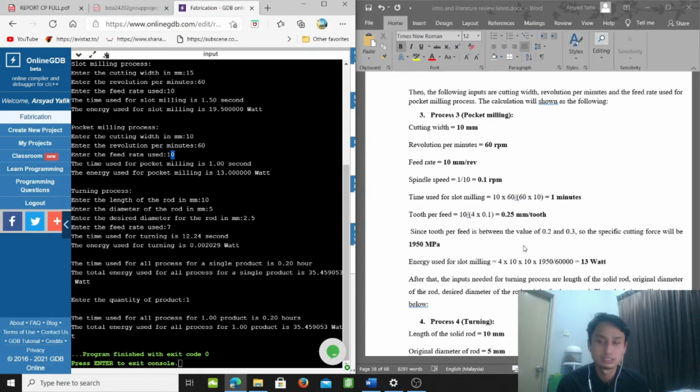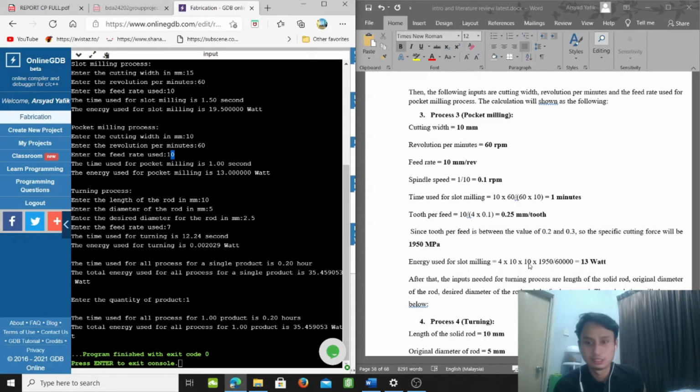It is similar to slot milling, so we got 1915 megapascal. The energy used for slot milling is 4 times 10 times 10 times 1915 divided by 60,000, and you get 30 watt.